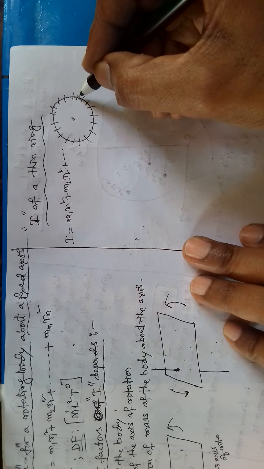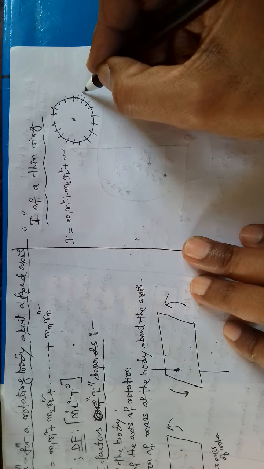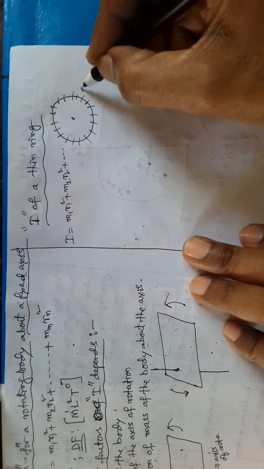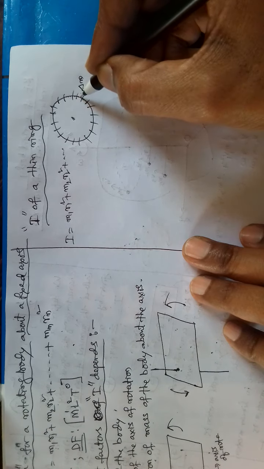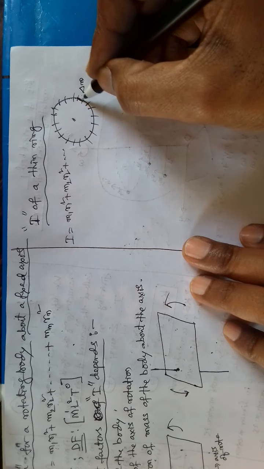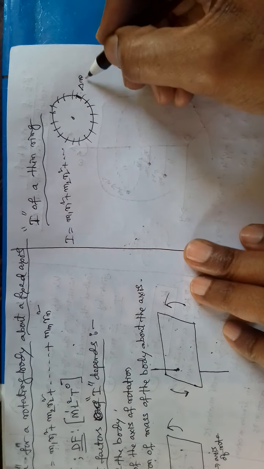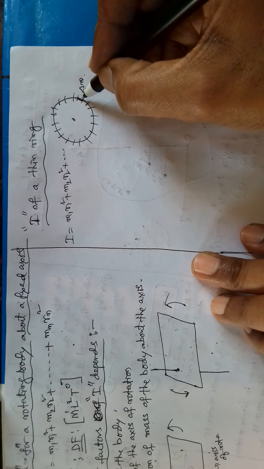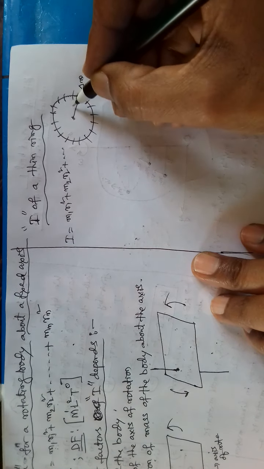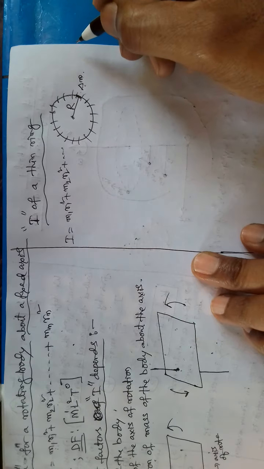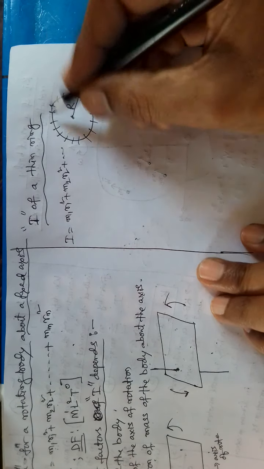Each segment is having a mass delta m, suppose from here to here, and this mass is at a distance of capital R. All segments are at the same distance.